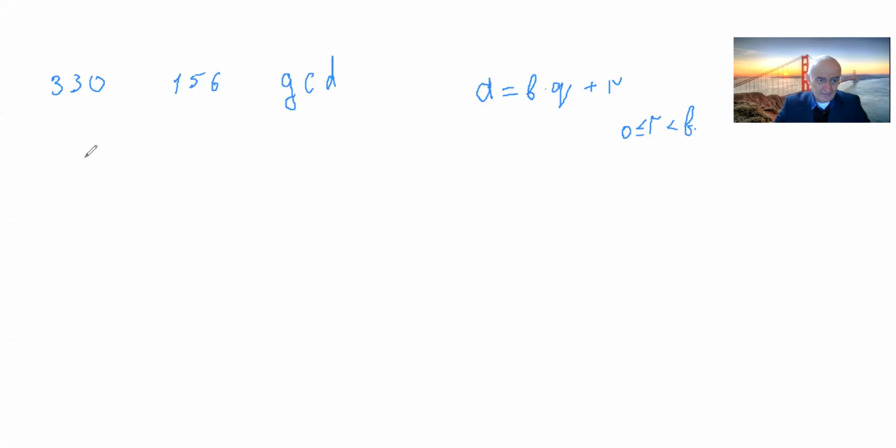Step 1: 330, if we divide by 156, we can represent it as 156 times 2 plus 18.